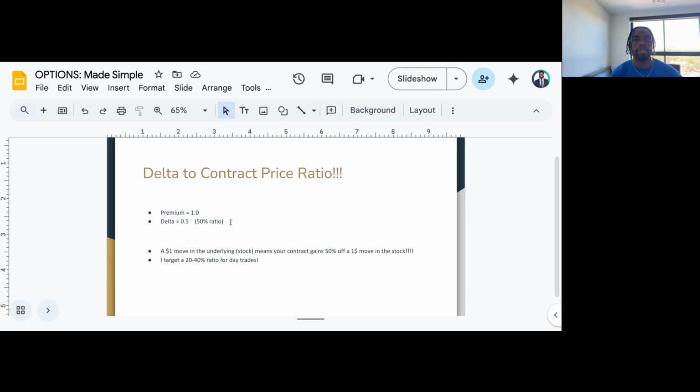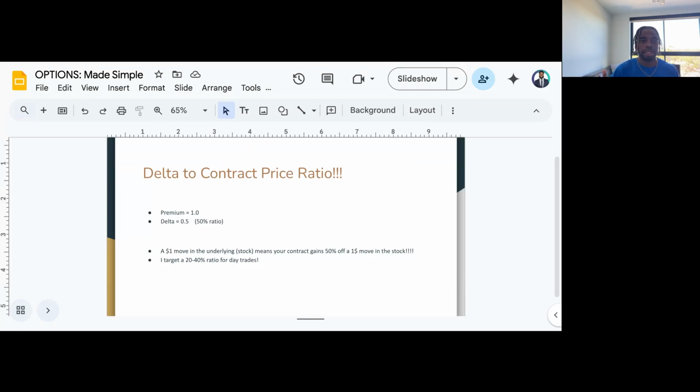This basically means that for every dollar move in your underlying, so if the stock goes up $1, then your calls are going to go up 50% just off the bat. This is because the delta tells you how much you're going to gain on your option contract for every dollar move. I look at this delta to contract price ratio a lot when I'm day trading. I look at low cost contracts and at the stock I'm trading.